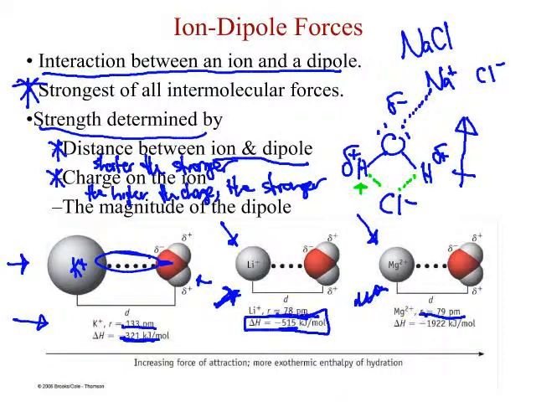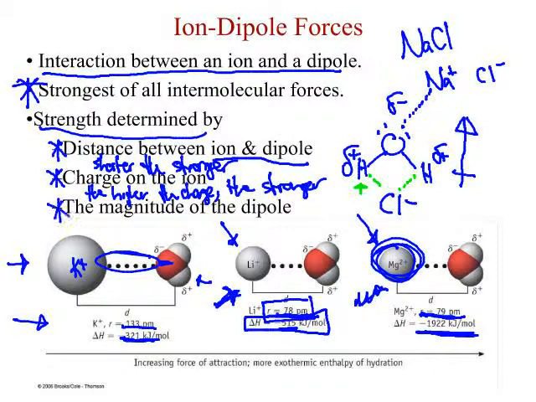Here you can see this is 79 picometers compared to 78 picometers here for the lithium ion. But the attraction between magnesium and the water molecule is way higher, negative 1922 kilojoules per mole compared to negative 515. This is because magnesium is a 2 plus ion. It has a higher charge, and hence we have a stronger attraction between itself and the water molecule.